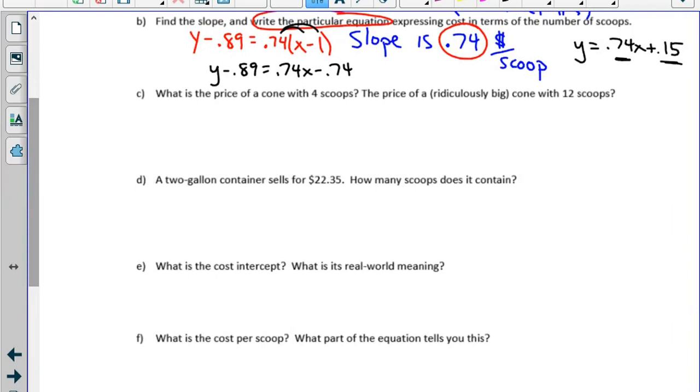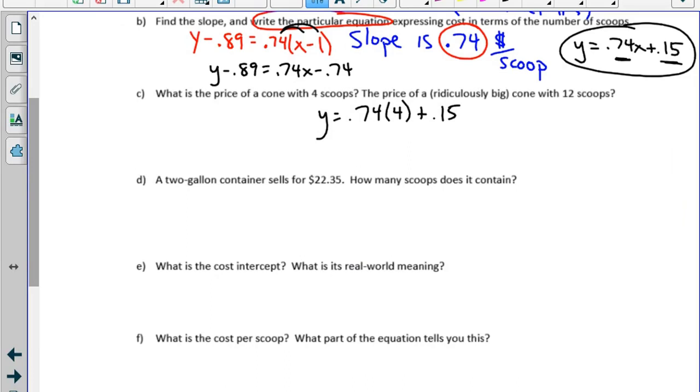So the rest of this is just working with this equation, and I think this equation is actually the easiest to work with rather than using a point slope in this particular format. So what's the price of a cone with 4 scoops? What I would end up doing is taking y equals 0.74 times 4 plus 0.15.